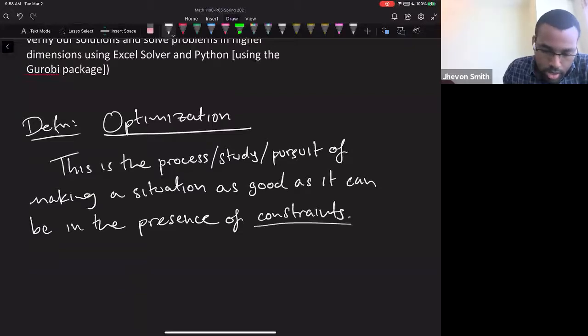Right? So constraints is basically restrictions. Okay?